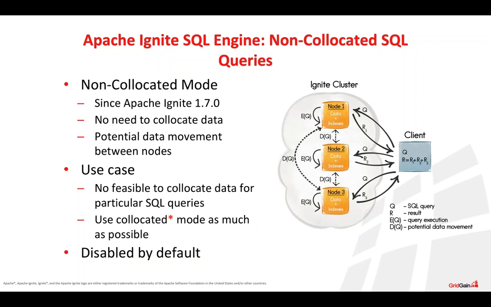starting from Apache Ignite version 1.7, we introduced the so-called non-collocated mode.